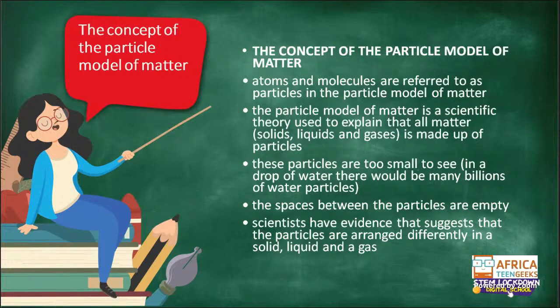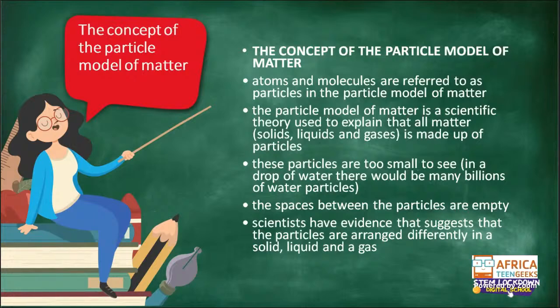And we said in a drop of water, there could be millions or billions of water particles. And then we said the spaces between the particles are empty. So as you can see, that of the gas and then the liquid. And then what we saw in the solids, there are no spaces, they are at a fixed place and they vibrate in their main position. Now, scientists have evidence that suggests that the particles are arranged differently in a solid, liquid, and a gas, as we can see.